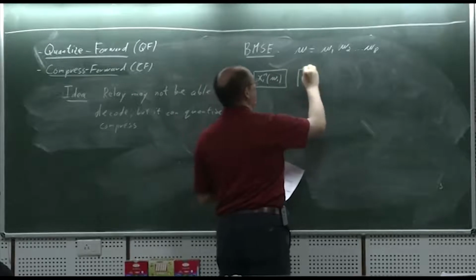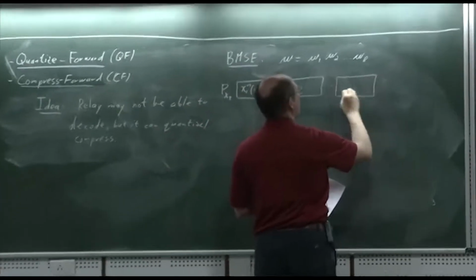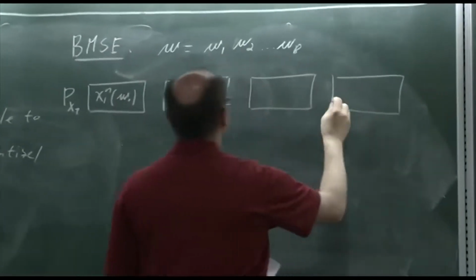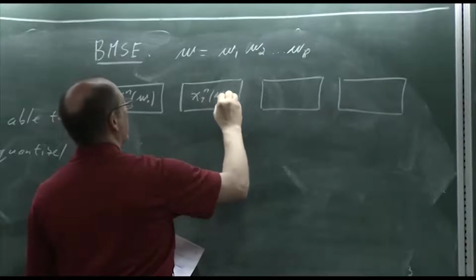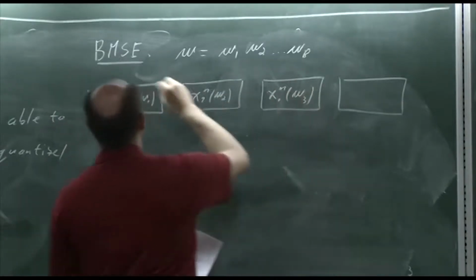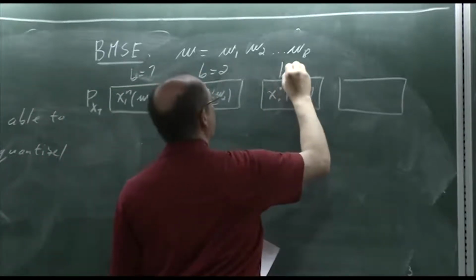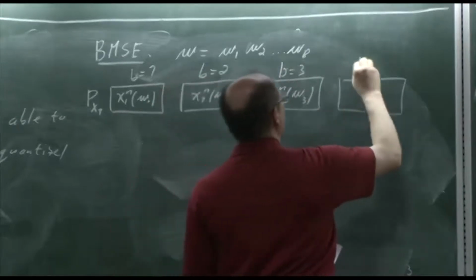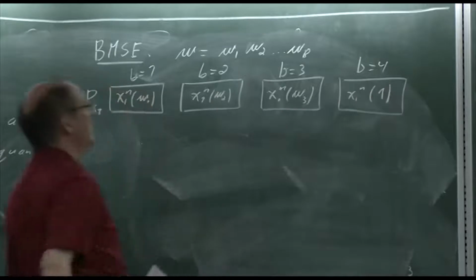That's it. So it's actually agnostic to what's going on in the network. All it does is use a plain old point-to-point channel code, X1^n(W2), X1^n(W3), and then this is block 1, block 2, block 3, block 4, and the last block is a default codeword.